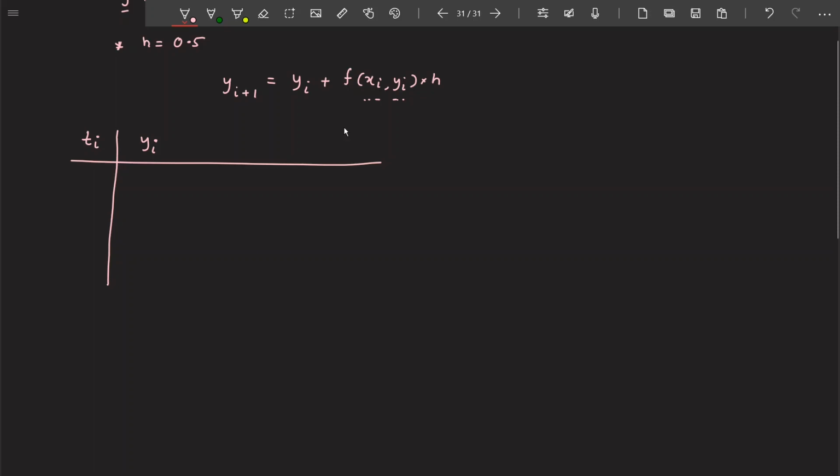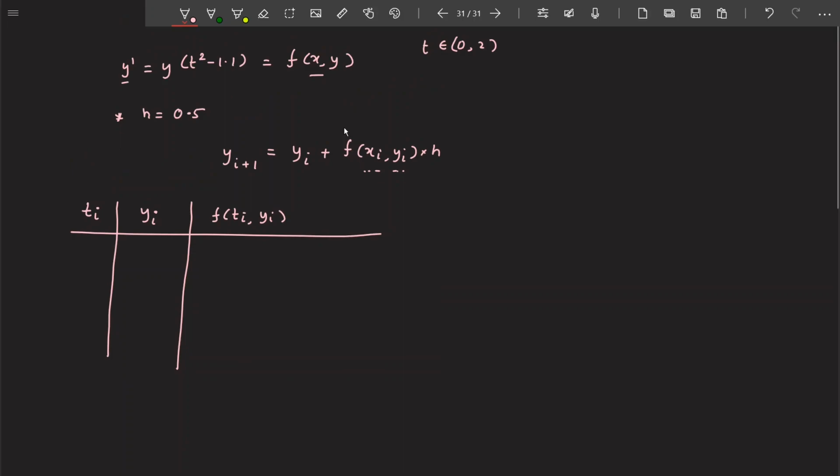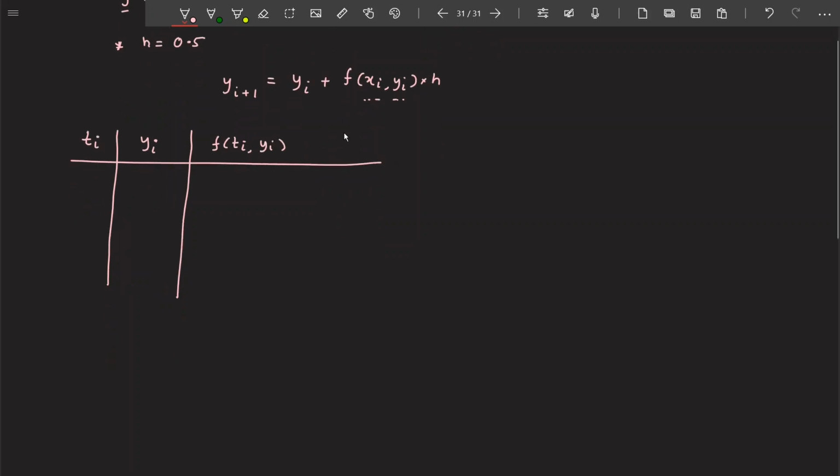Then what I need next is f of ti, yi, which is this function of t and y. And this is what we are interested in, that is yi plus 1.